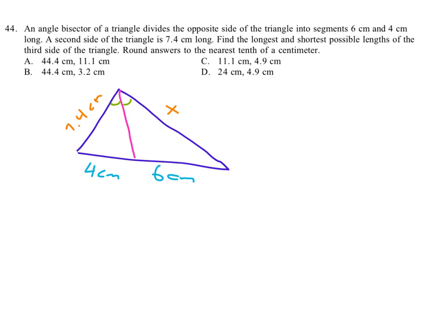Okay, so we can say 4 is to 7.4 as 6 is to x. Okay, that's one way of it happening.